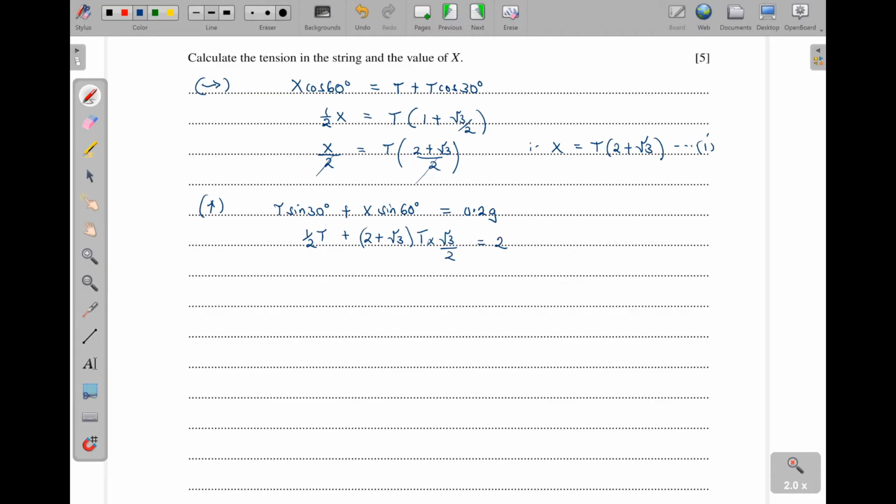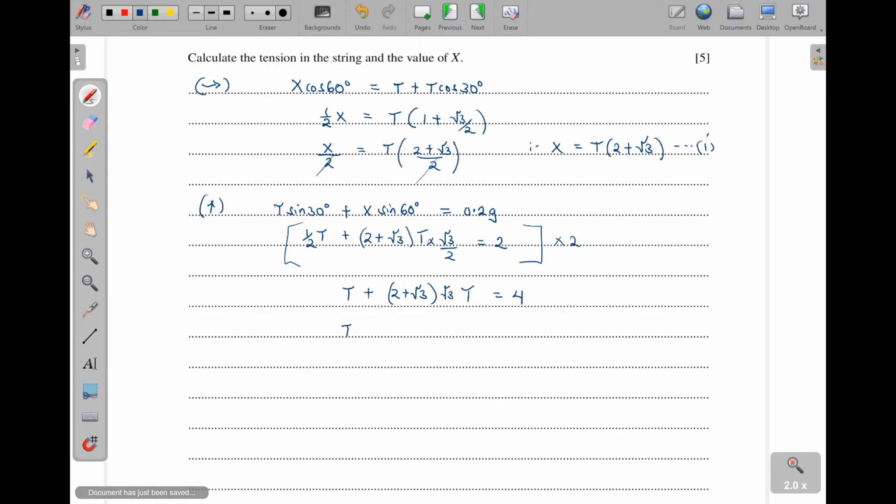You see that? Now this simply implies that we can multiply all through by 2. If we multiply all through by 2, we shall eliminate the 2 in the denominator. So we are going to have t, then plus (2 plus root 3), then let me also put this root 3 here, then t, is equal to 4.